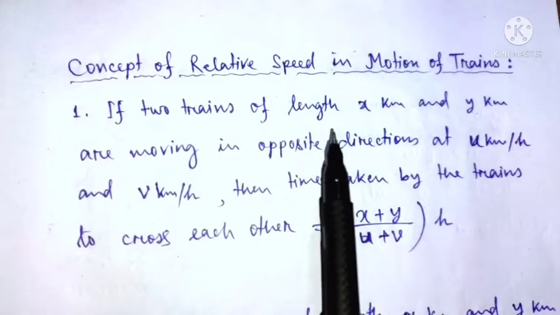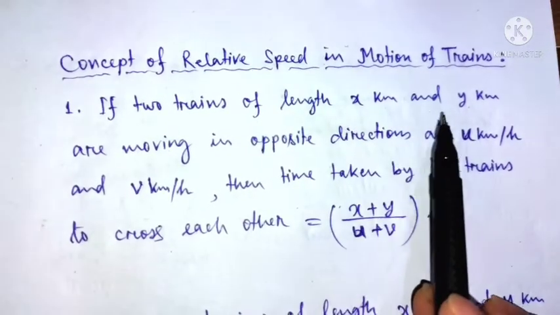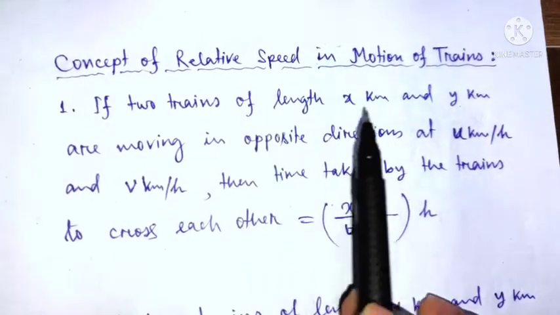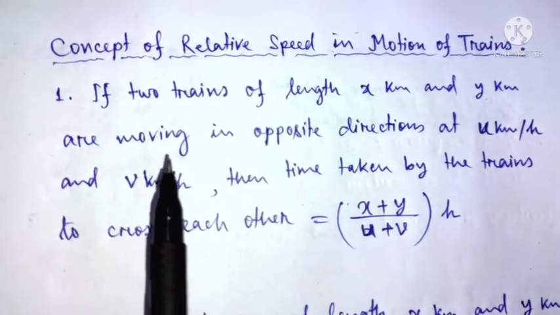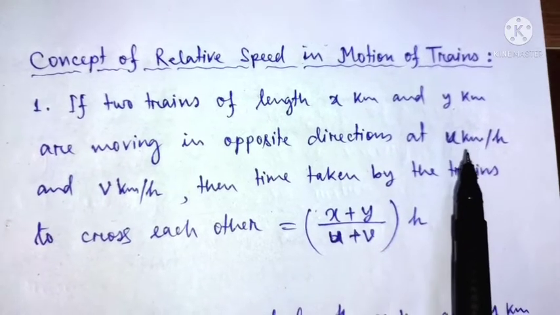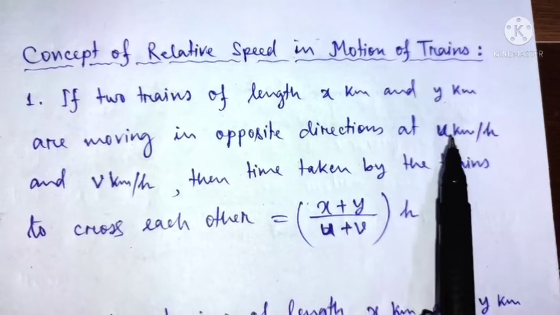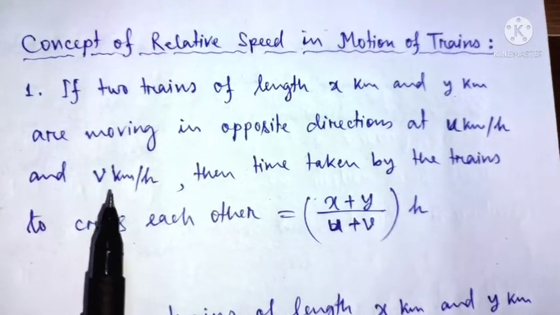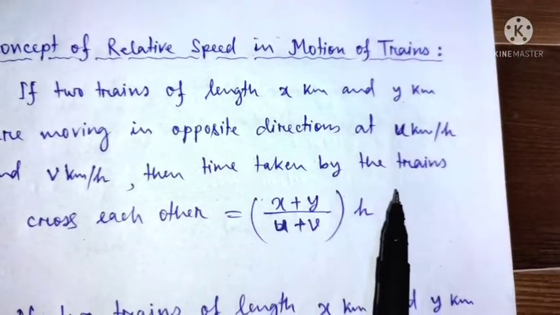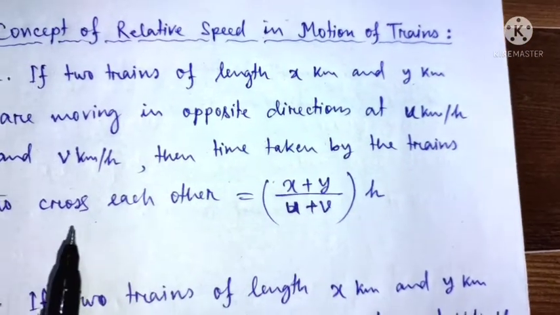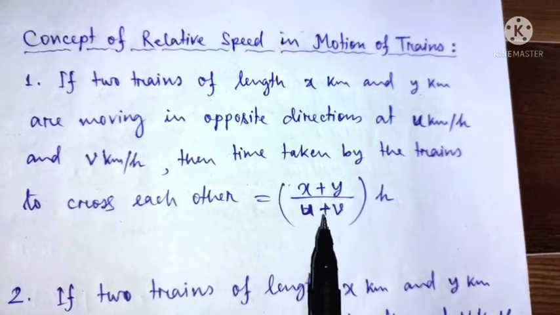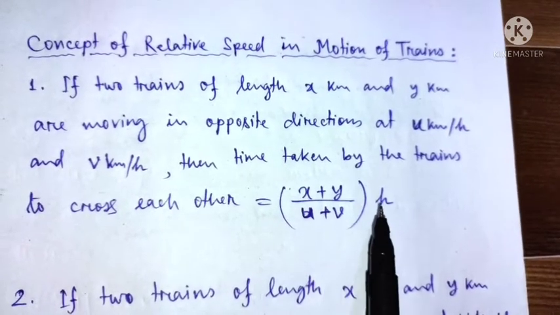If two trains of length x kilometer and y kilometer, sorry, these are the lengths of the trains, x kilometer is of one train and y kilometer is of another train, and they are moving in opposite directions, at u kilometer per hour and v kilometer per hour, speeds are different, then the time taken by the trains to cross each other is equal to how much? x plus y by u plus v hours.